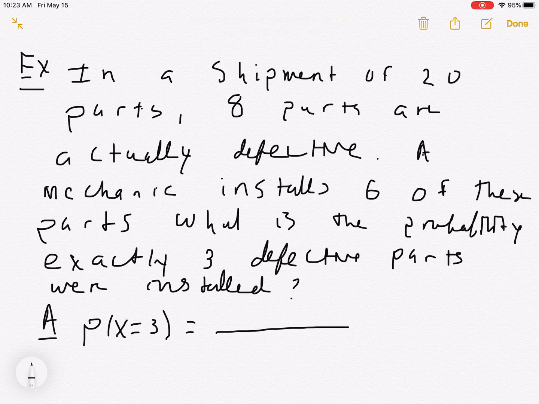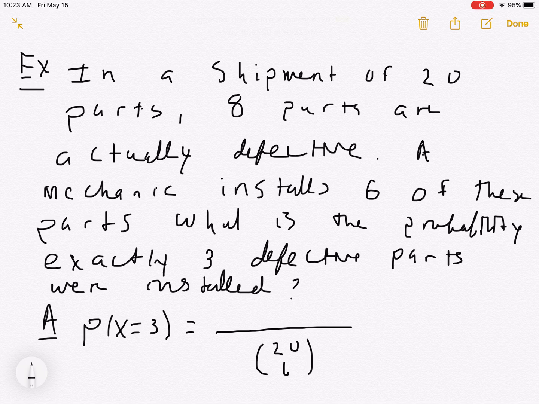And I'm going to install 6 parts. I have a shipment of size 20, so there's 20 possible parts to install, and I want to take 6 of those 20 parts. Order doesn't matter, because it doesn't matter whether it's the first or the 6th part installed, it's still installed. So that's 20 choose 6.